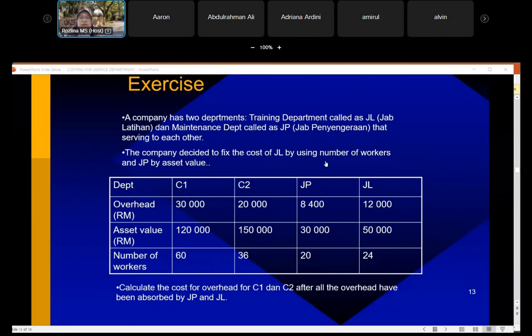Jamboard yang last ni, push, traditional push. And the previous one. Okay, this is the answer.